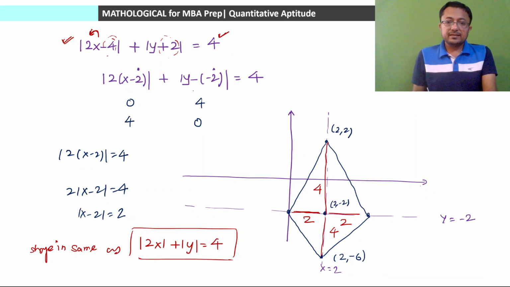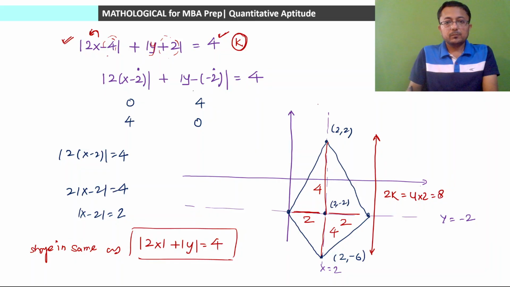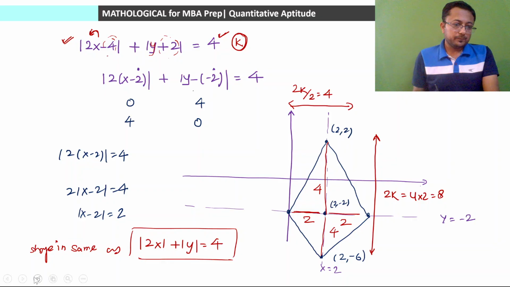But the difference is that this time, since the coefficient of y is equal to 1, and this 4 is, let us say, k, the length of the diagonal along y is equal to 2k, or 4 into 2, which is equal to 8. But the length of the horizontal diagonal is equal to 2k divided by the coefficient of x, which is 2 in this case, and hence 4.